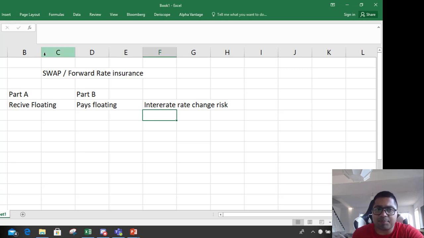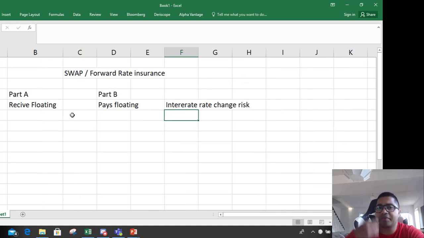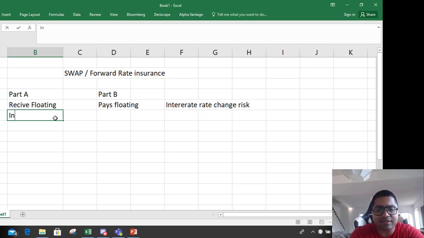Now what is the risk that party A has? It is receiving floating, so it is going to receive LIBOR or some other floating rate, let's say the Fed rate. It has a risk that interest rates may go down.